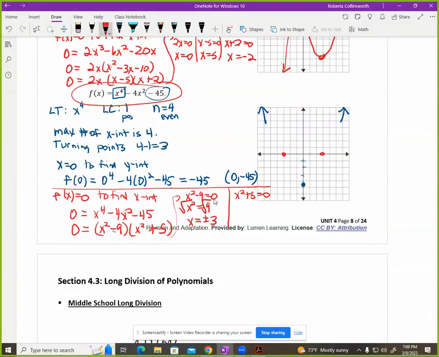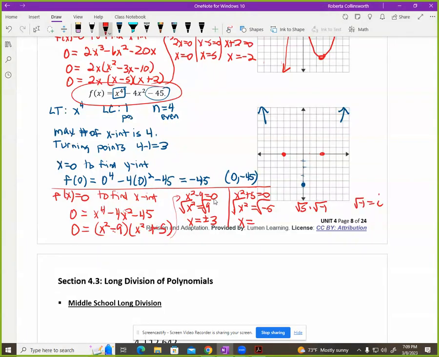And then here, I'm going to move the negative 5 over. I'm going to take the square root of both sides, and I get x equals, this is a negative under the square root, so I can write this as the square root of 5 times the square root of negative 1, and the square root of negative 1 equals i.